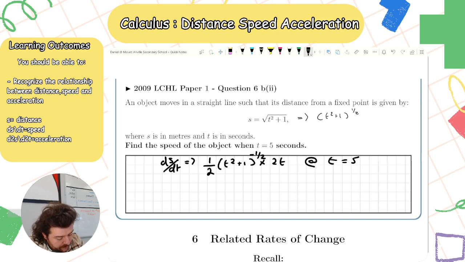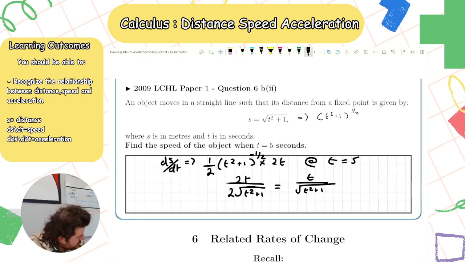So that will be equal to 2t over 2 times the square root of t squared plus 1, which will roughly be t over root t squared plus 1. Sub in t is equal to 5. We'll get here 5 over square root 26.